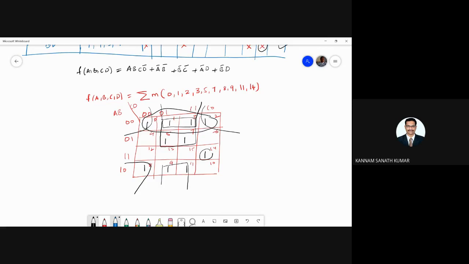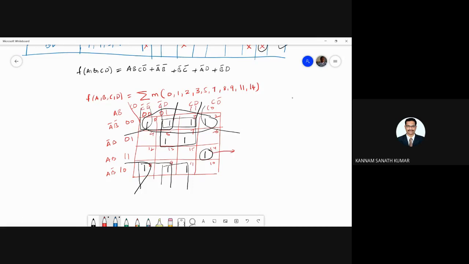This will not make anything. No, this is one quad. This is one quad. Okay, so if you draw, this is a bar b bar, a bar d, a b bar, c bar d bar, c bar d, c d, c d bar.